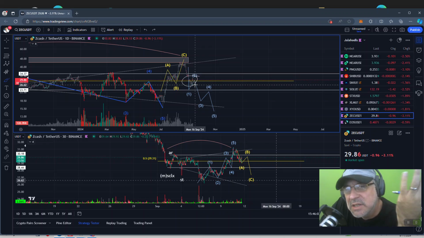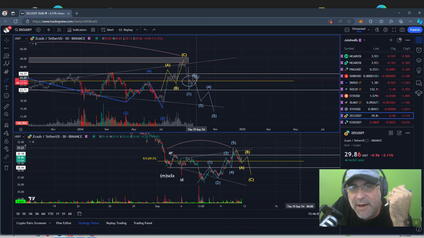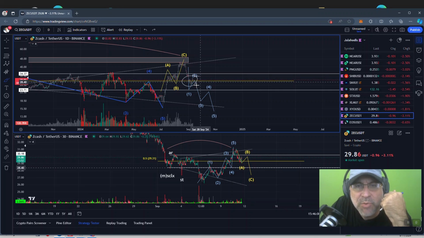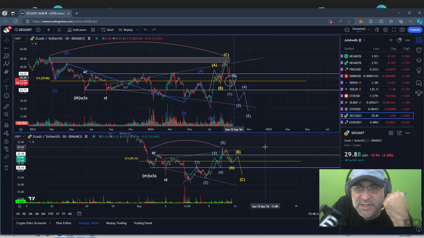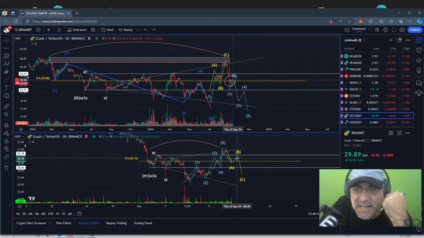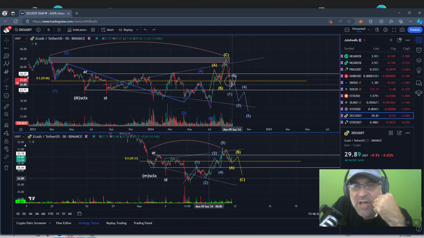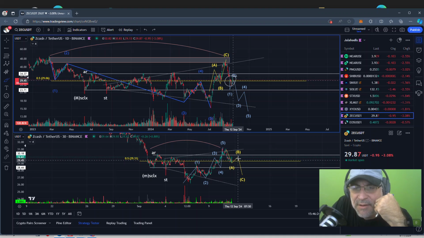And so I'm contending that we're at the 2 now here at the 0.5 Fibonacci, which is this trading range midpoint. And we see the same thing here with the A and the B. The B would coincide with the 2 wave on the macro, the B correction on the micro.